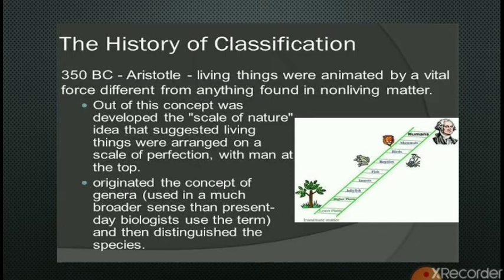He also originated the concept of genera, used in a much broader sense than present day biologists use the term, and then distinguished the species. Aristotle is also considered the father of biology.